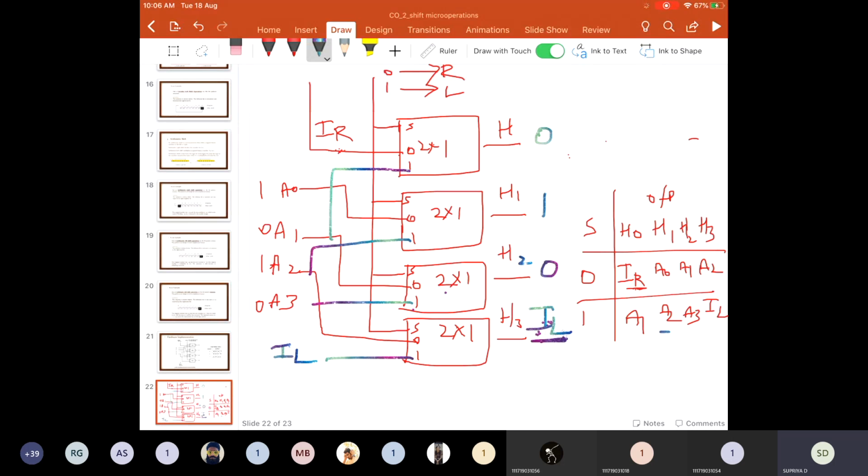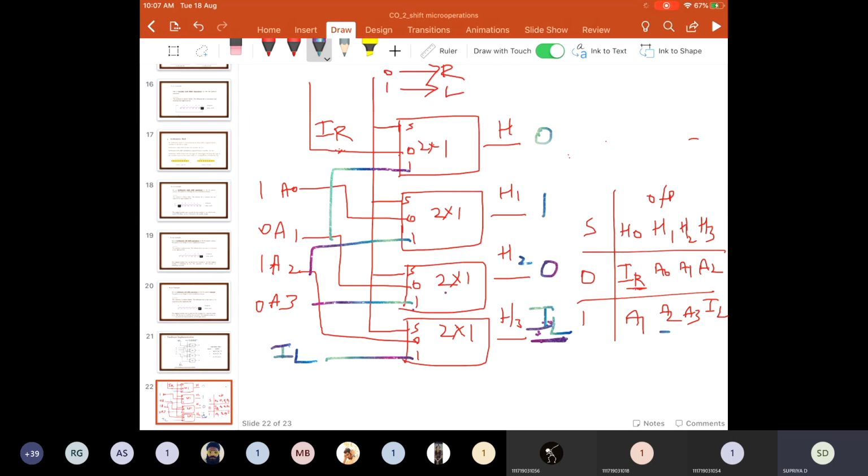In this way, shift left operation can be achieved for whatever data you give for a 4-bit register. When S equals 1, we are performing shift left operation by connecting the input registers A0, A1, A2, A3 in this manner to the data select line 1.